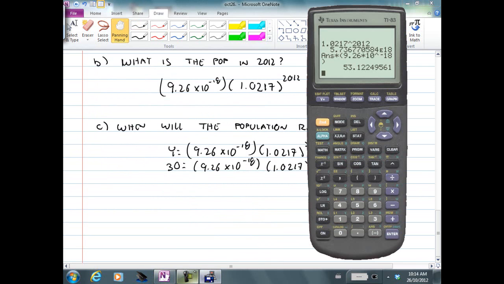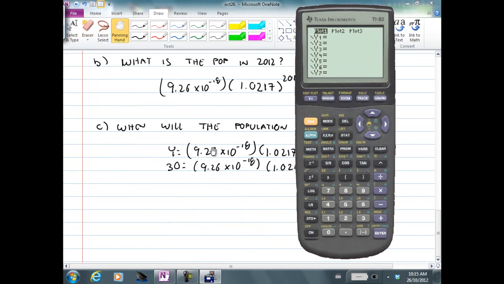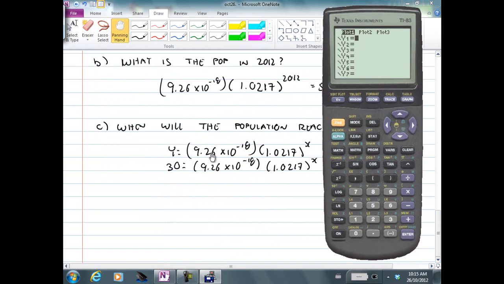In order to do this, go grab your calculator. What you're going to do is graph this into your y1 and y2 equation right now. So under y1, you're going to punch in exactly this formula right here: 9.26 times 10 to the power of negative 18 times 1.0217x.